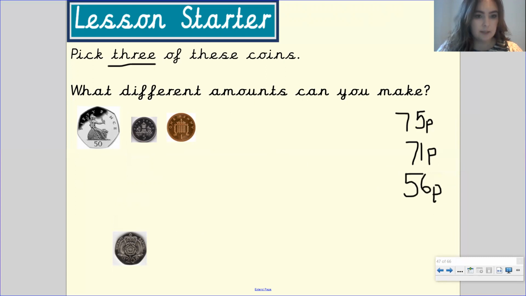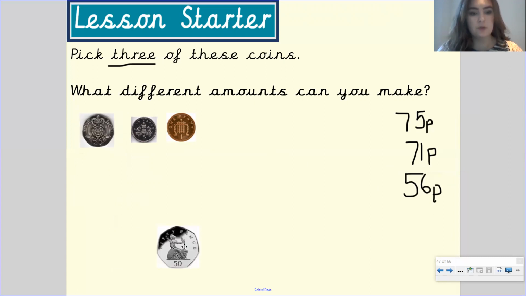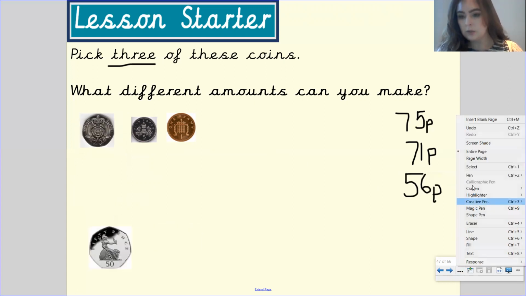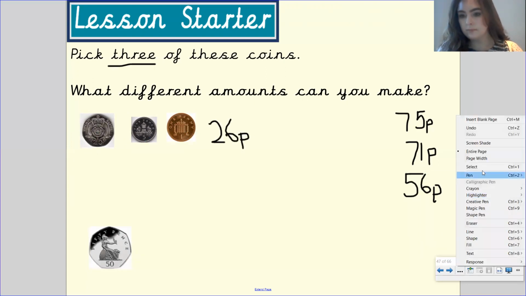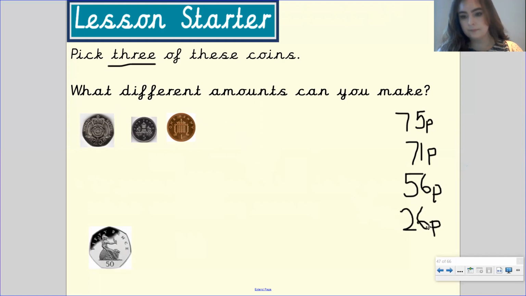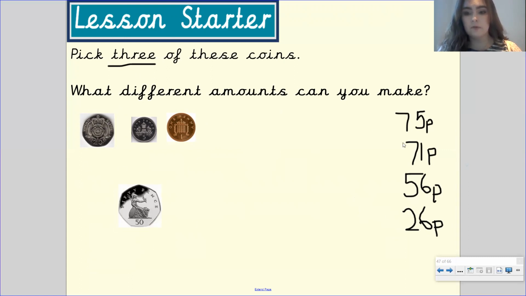And then if we take that 50 pence away and put 20 pence there instead, you could have made 26 pence. So there are some amounts that you could have made using 3 of these coins. Well done if you made these amounts.